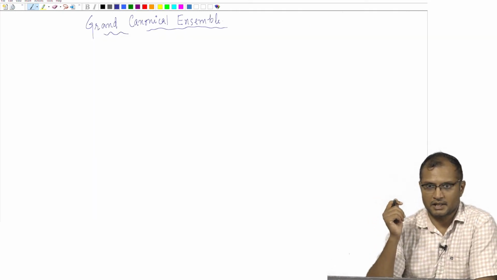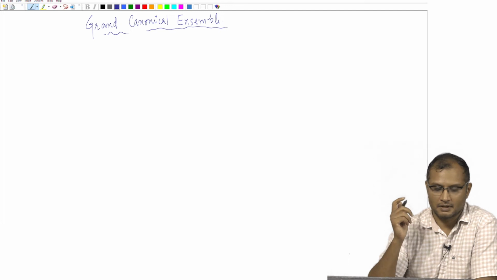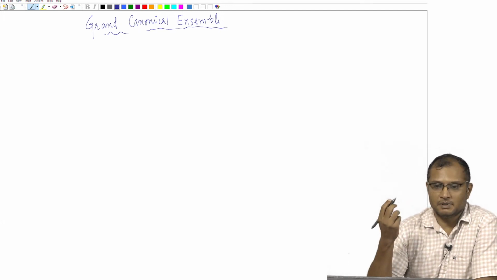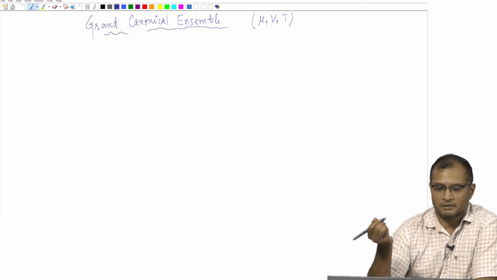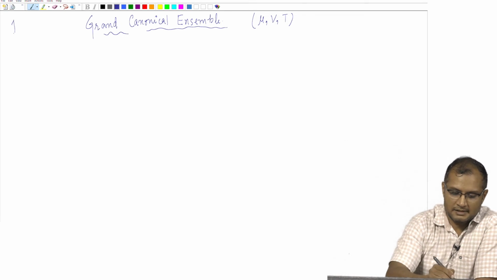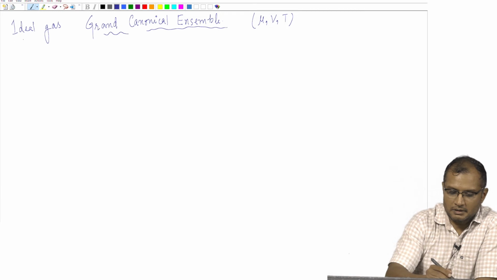So, we will now talk about the grand canonical ensemble. This is the ensemble where you maintain a system at constant volume, constant chemical potential, and constant temperature. So, we are looking at, for instance, an ideal gas in the grand canonical ensemble.